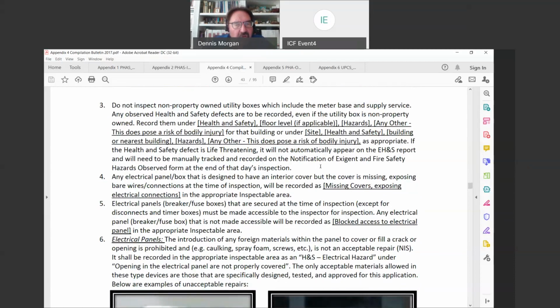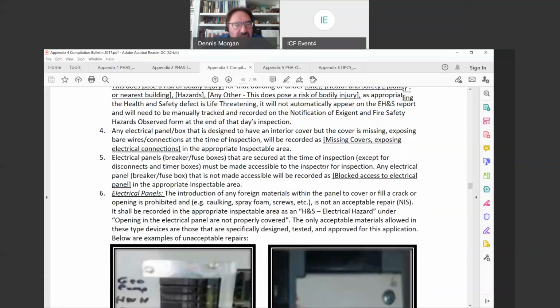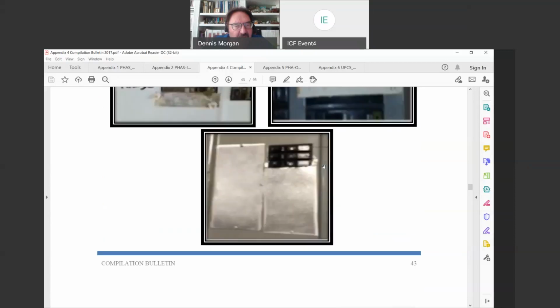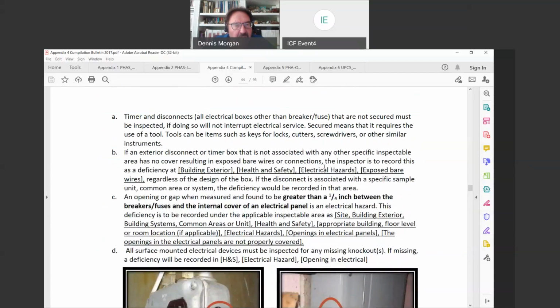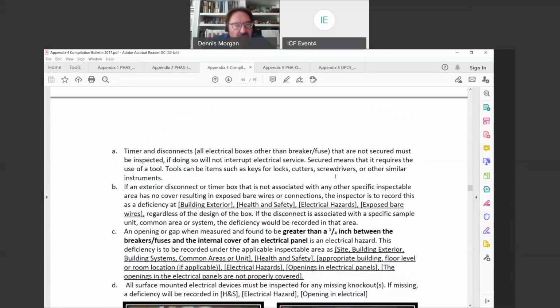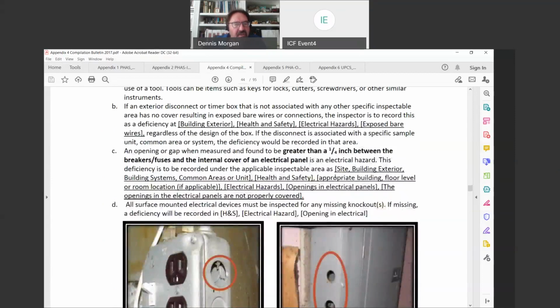If they're missing a cover off that low voltage system, it is not considered a defect. It is not considered a recordable deficiency, and that is now found in this compilation bulletin as well. So do not record that as a deficiency. But if it is a high voltage system, 110 or higher, any of those is going to be recorded as a deficiency as well.